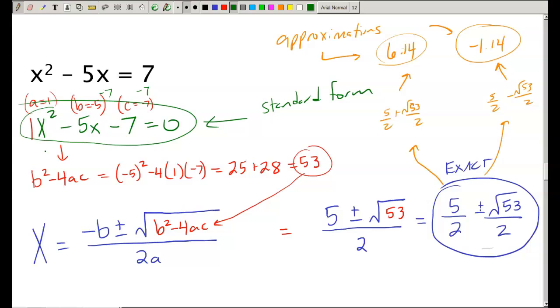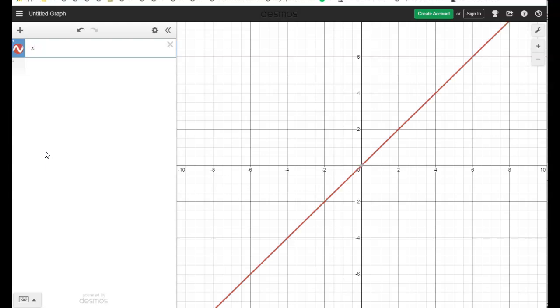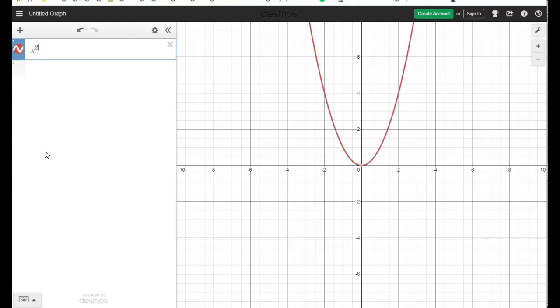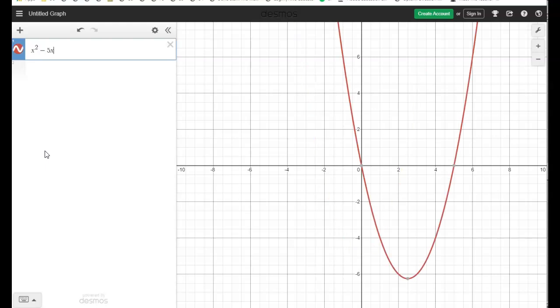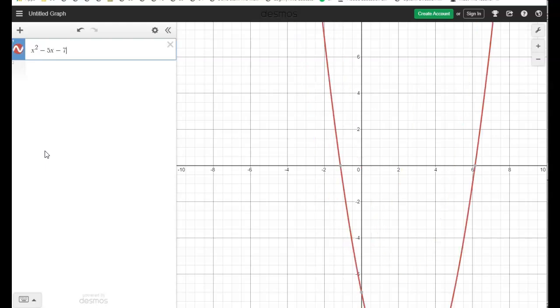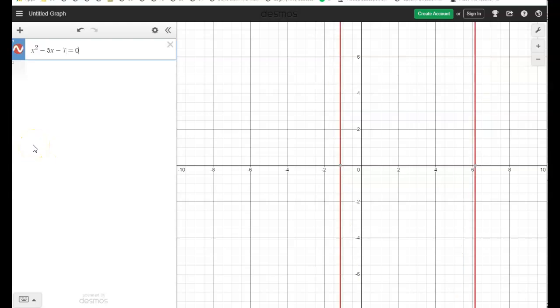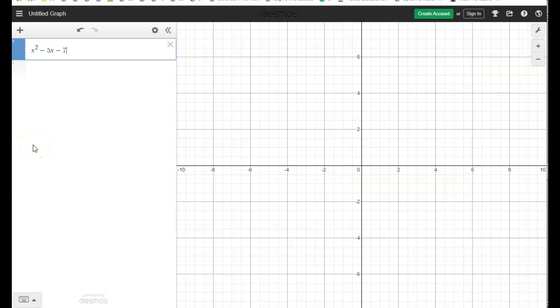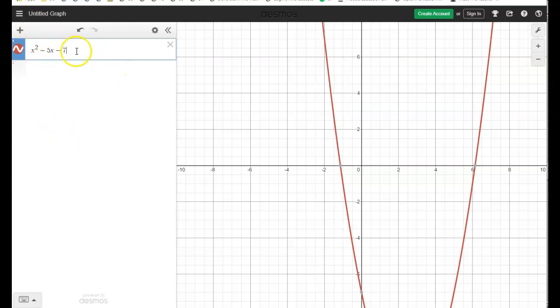You could use your graphing calculator too. But if I put in x squared minus 5x minus 7, there's my graph, right? We can even graph this as y equals that, right? We're going to graph this parabola.